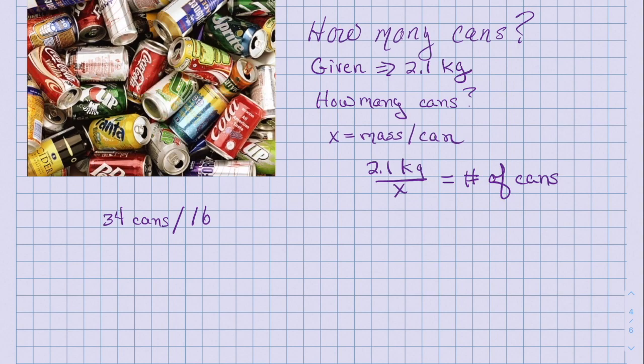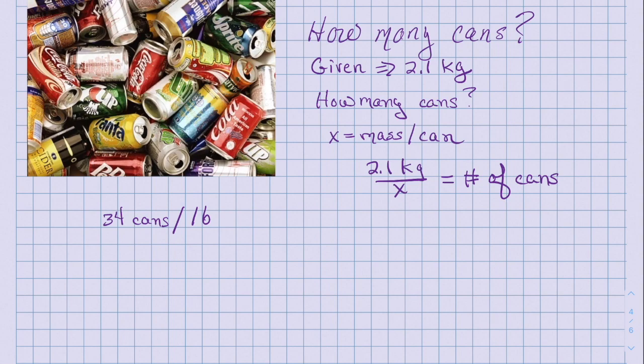Because it's a unit of force, it is weight in this case, so it depends on gravitational attraction, as we talked about previously. That means the weight depends on the location. So we're going to have to make some assumptions here, which actually makes sense. We're going to assume that the people who determined that it was 34 cans per pound did it on the surface of the Earth, so that we can convert from pounds to kilograms.